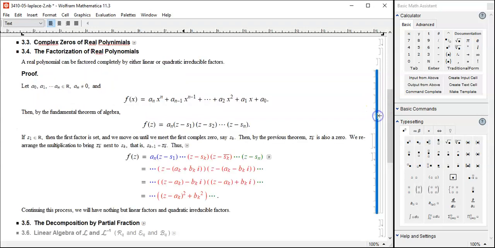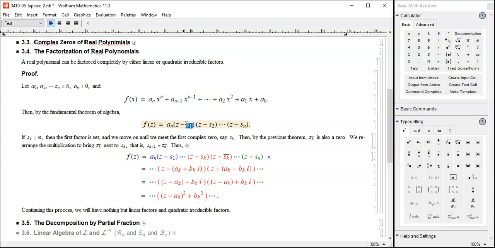The proof goes like this. Let's begin with a real polynomial, and then we can factor it completely in complex space. You see? All these coefficients are real here, but it may have complex zeros. So s1, s2, s3, all the way over there. Yes, you can do that. And then let's do some manipulation. If the first one is a real zero, we move on.